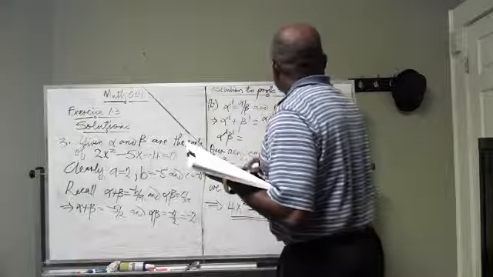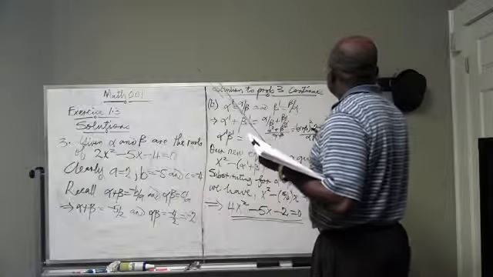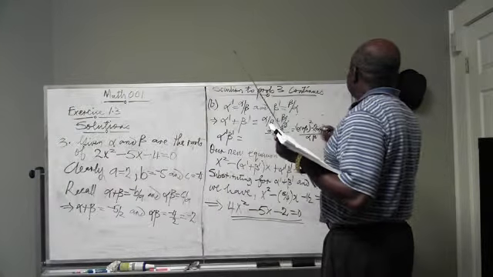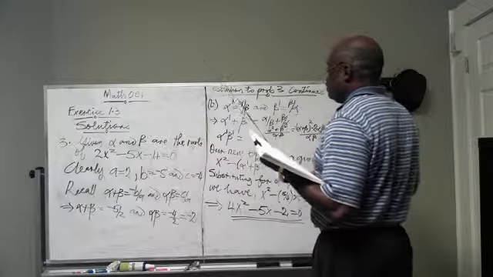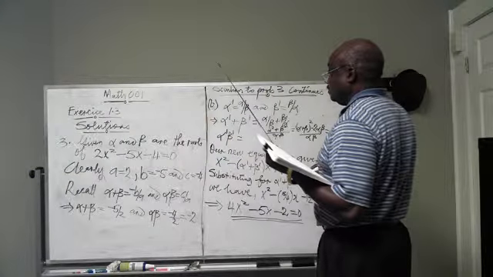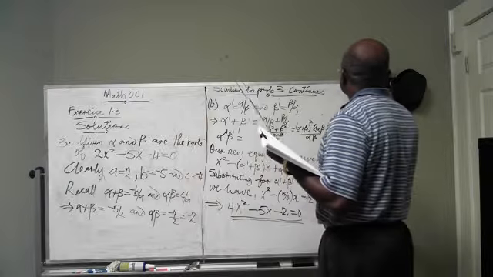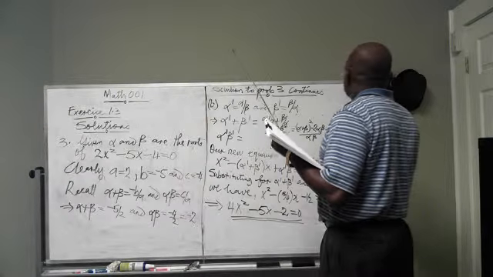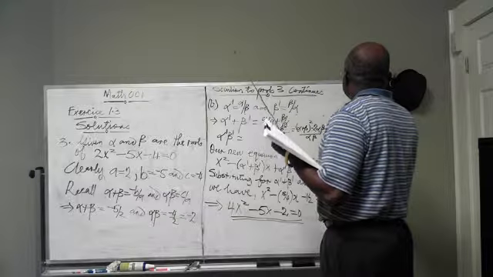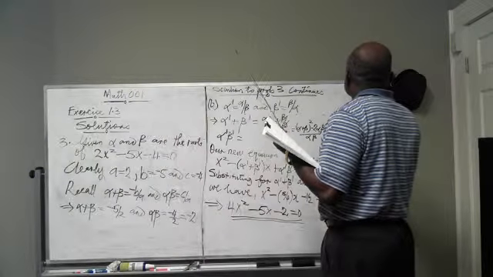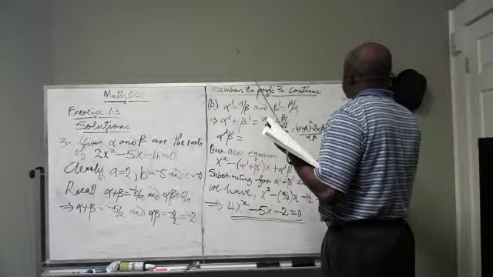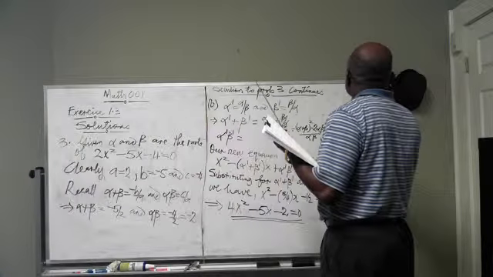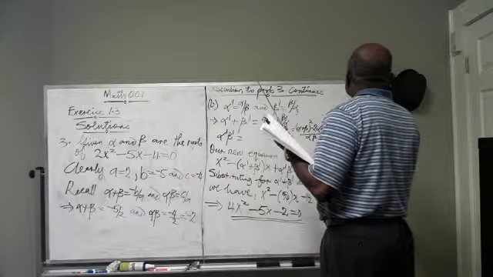So if we substitute our figures for alpha plus beta and alpha beta, we have minus 5 over 2 all squared minus 2 into minus 2, all over minus 2.